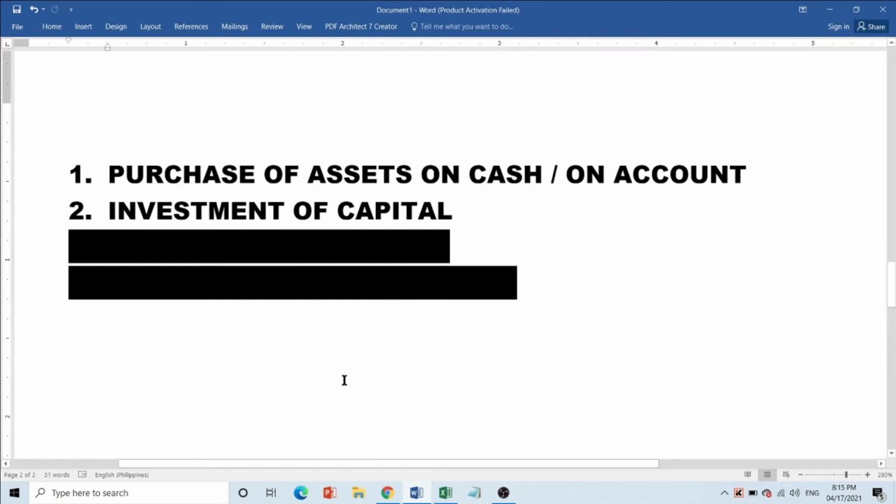Okay, so next transaction, tingnan po natin. That is the investment of capital of the owner. The investment of the owner may be in the form of cash or other assets.